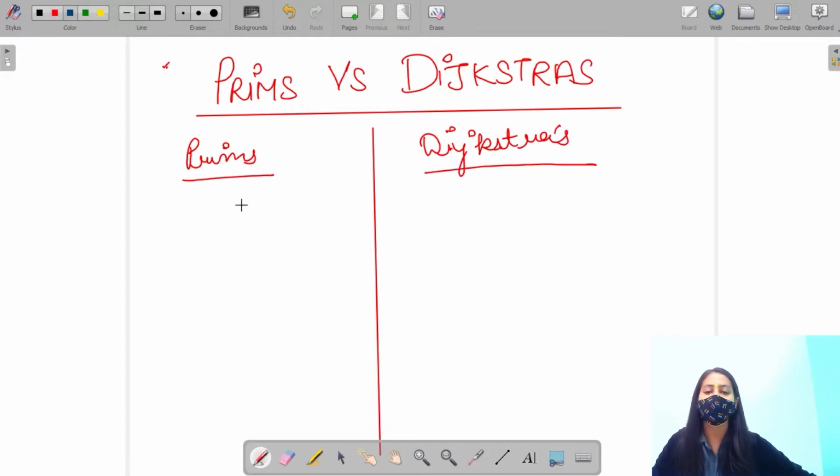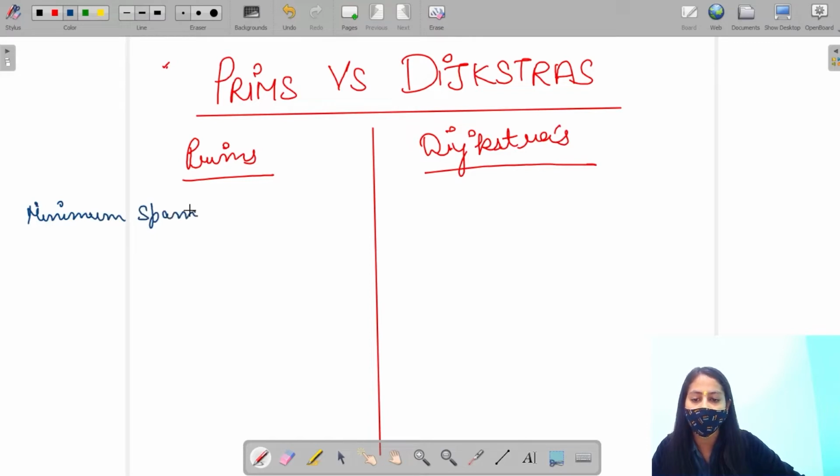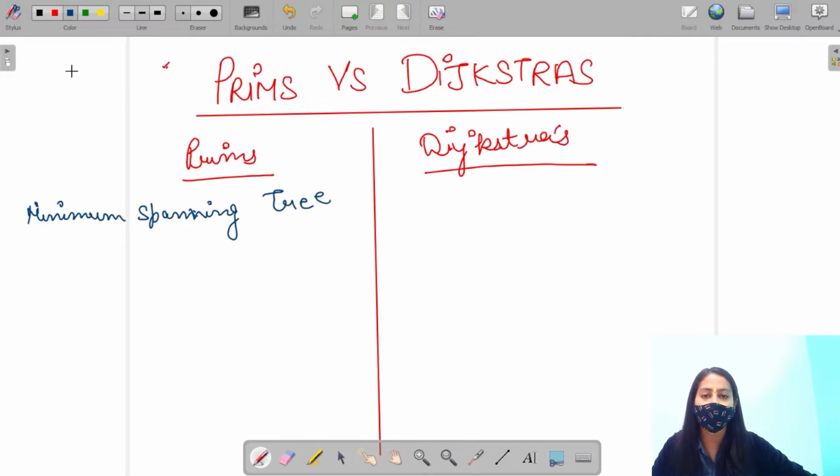So Prim's algorithm is used to find the minimum spanning tree of a graph, right? I hope you know what a minimum spanning tree is. A minimum spanning tree is the tree obtained from a graph such that all the vertices of the graph are also present in the tree, but with the minimum cost, right?